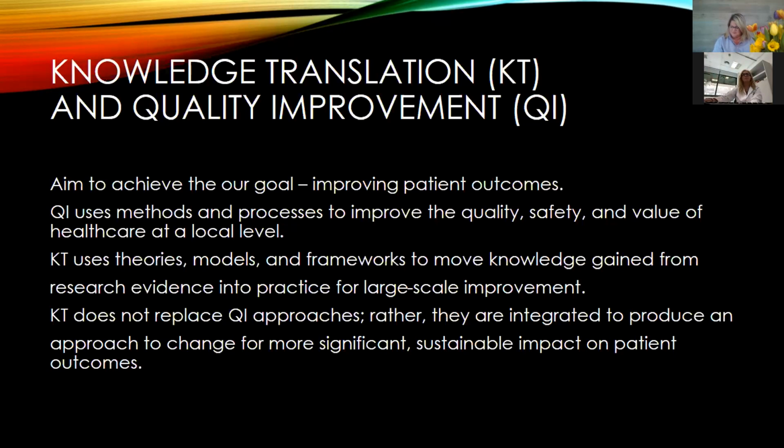Knowledge translation theories, models, and frameworks move the knowledge gained from research evidence into practice for large-scale improvement. Knowledge translation does not replace quality improvement approaches. Rather, they are integrated to produce an approach to change that has a significant impact on patient outcomes.